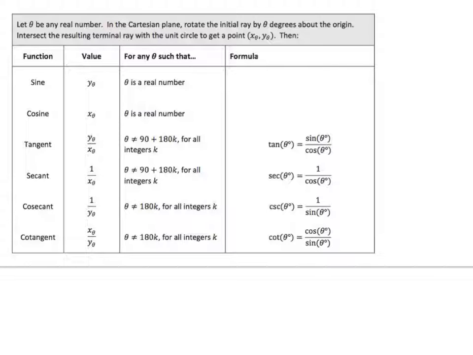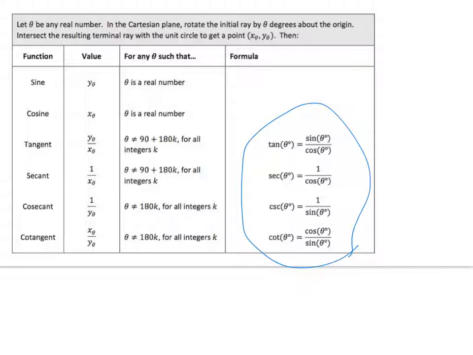So, to summarize everything, let theta be any real number. In the Cartesian plane, rotate the initial ray by theta degrees about the origin, intersect the resulting terminal ray with the unit circle to get a point x theta, y theta. And we'll get all of our formulas for the new ones and our values.